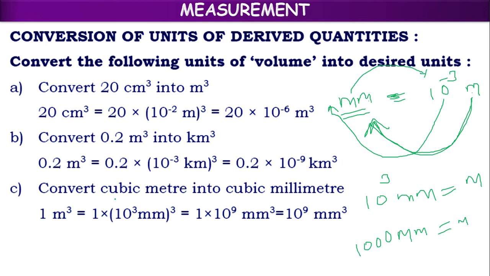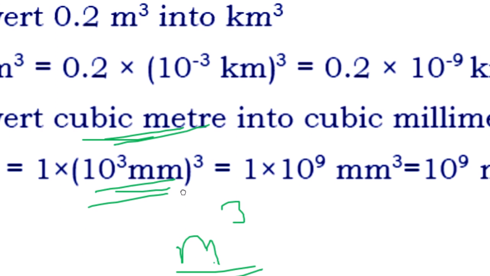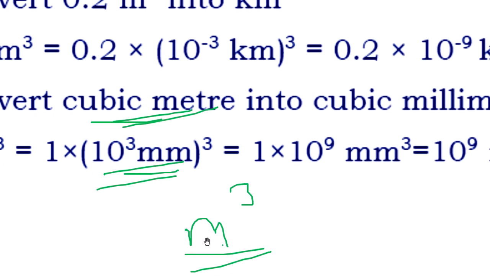So in the place of meter in cubic meter, we can keep 10 power 3 millimeter or 1000 millimeter for that whole cube. So 1 into 10 power 3 whole power 3. 3 times 3 is 9.